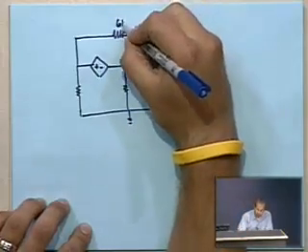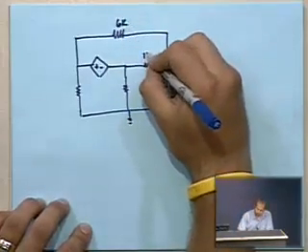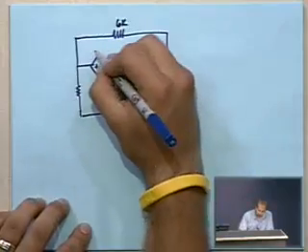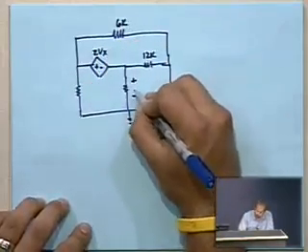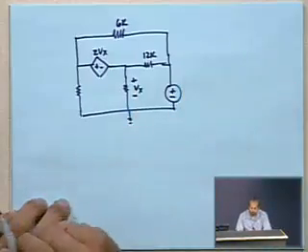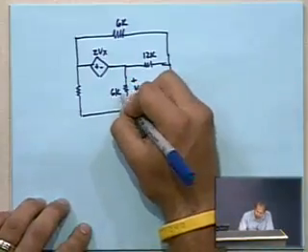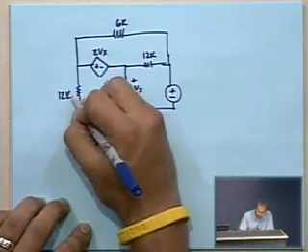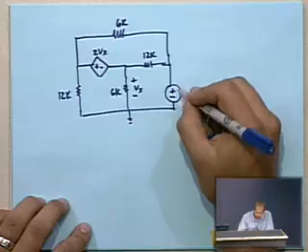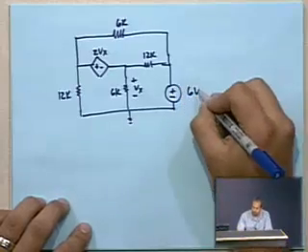We've got 6 kilo ohms of resistance up top, 12 kilo ohms right here. This voltage source gives us 2 times Vx, where Vx is declared to be the voltage across this 6K resistor. And we've got 12 kilo ohms of resistance over here. This independent voltage source puts out 6 volts.